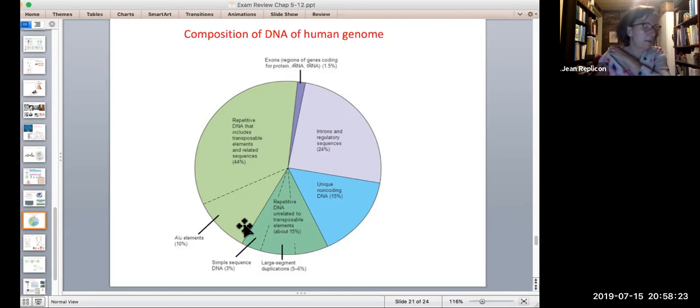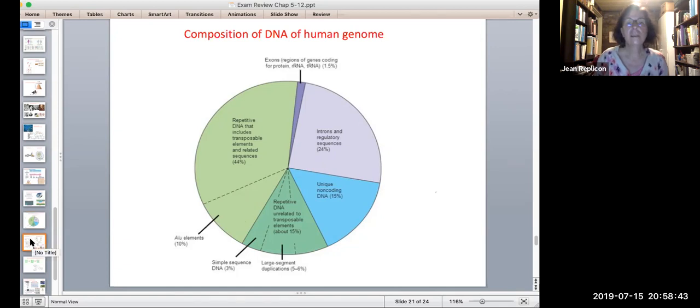And so they're repetitive, and as far as we can tell, they don't serve the organism, but nevertheless, we carry them. Eukaryotes, not just humans, carry transposons. That's the bulk of it.